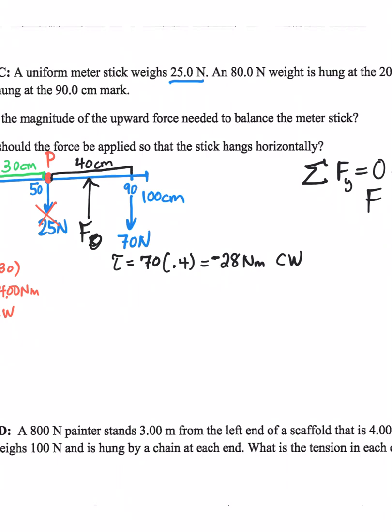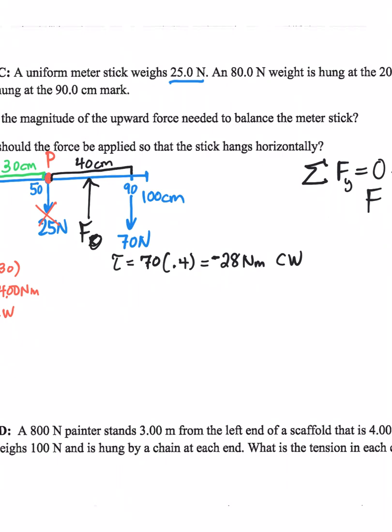The whole thing moves down, doesn't it? In other words, if I have 175 newtons pressing down and less than that pressing up, the whole thing's going to move down. If I have more than 175 pressing up and 175 pressing down, the whole thing is going to be moving up. So it has to be exactly equal up and down. Yes? No? Okay, that's the translational portion of it.